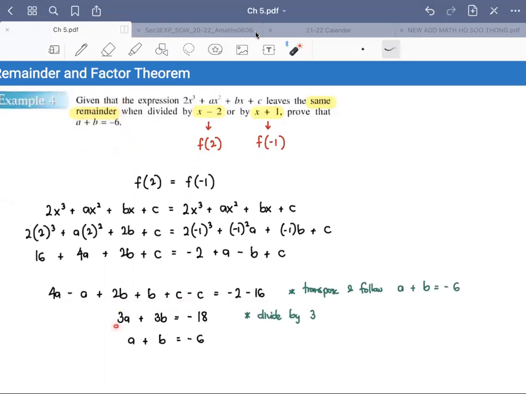You'll get 3a plus 3b. Since c minus c is equal to 0, that's gone. And then this is negative 18, obviously. For you to get a plus b is equal to negative 6, you just need to divide everything by 3. And that's how you get your answer.